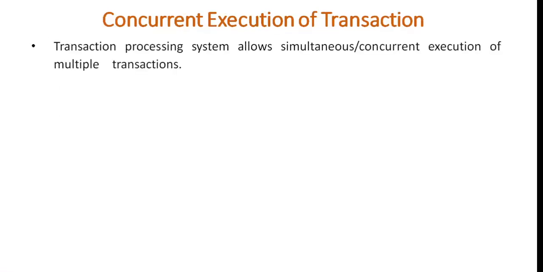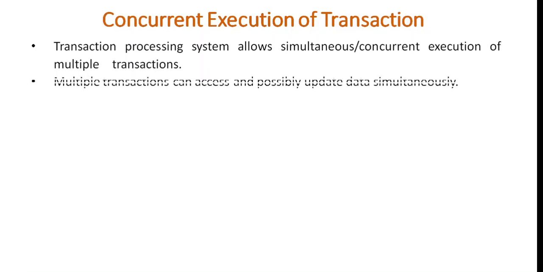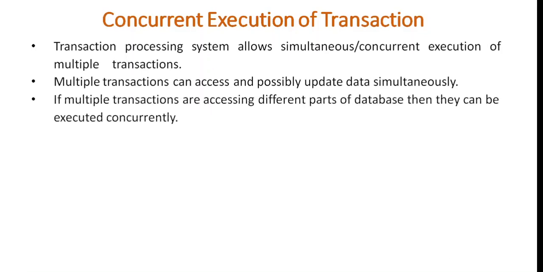Now we'll see what is concurrent execution of transactions. In a transaction processing system, multiple transactions are running concurrently or simultaneously. When multiple transactions access or update data simultaneously, it is called concurrent execution of transactions.